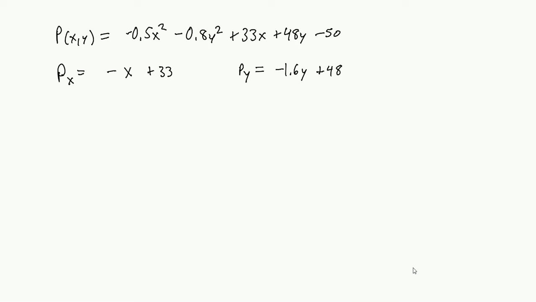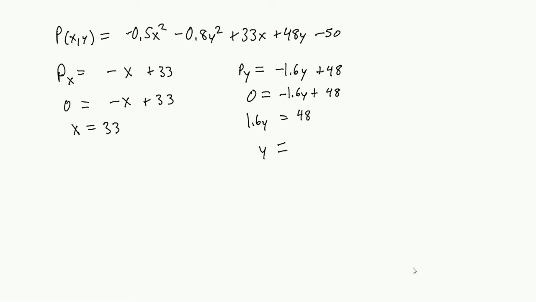Everything else is 0. We set those equal to 0. So that first one's easy, just move the x over and you've got it. The second one, 0 equals negative 1.6y plus 48. So that's going to be 1.6y equals 48. So we just need to say 48 divided by 1.6. In our calculator, that is 30.